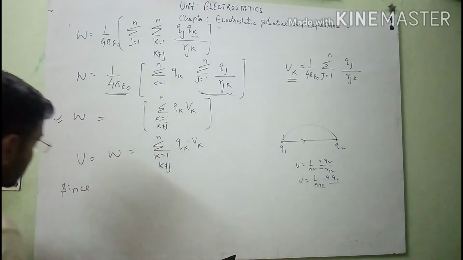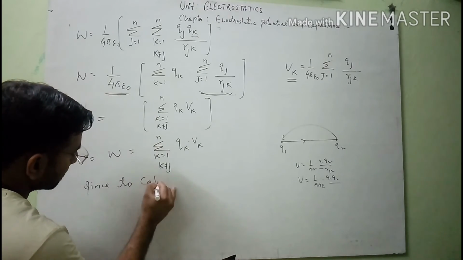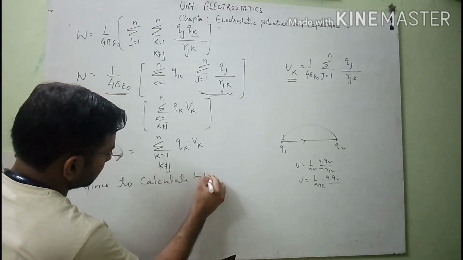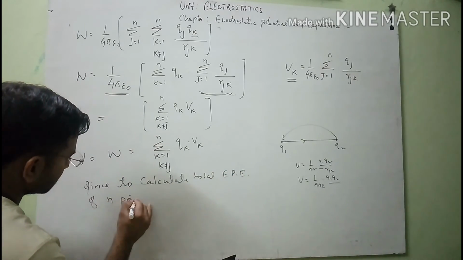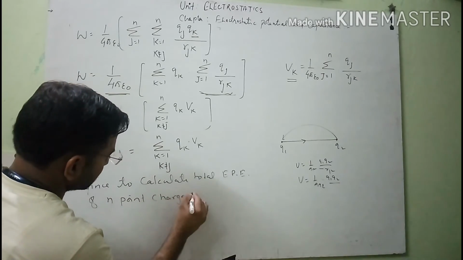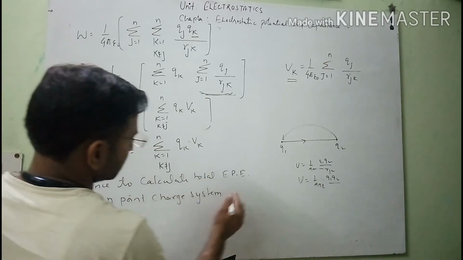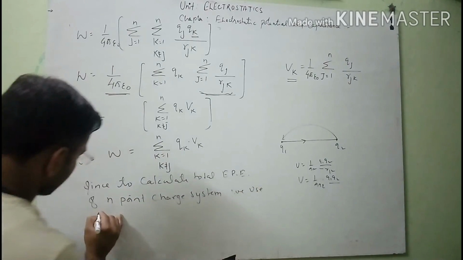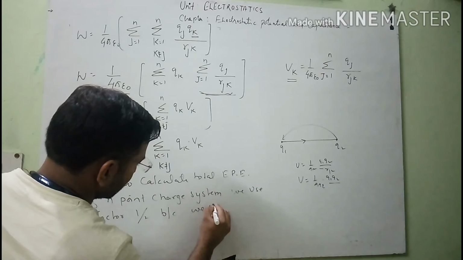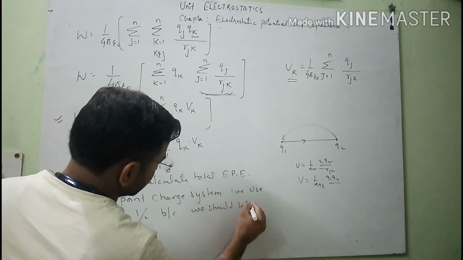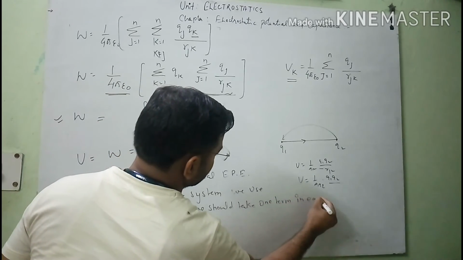So to calculate the total electrostatic potential energy of an n point charge system, to calculate EPE of n point charge system, we use the factor half, because we should take one term in each pair.